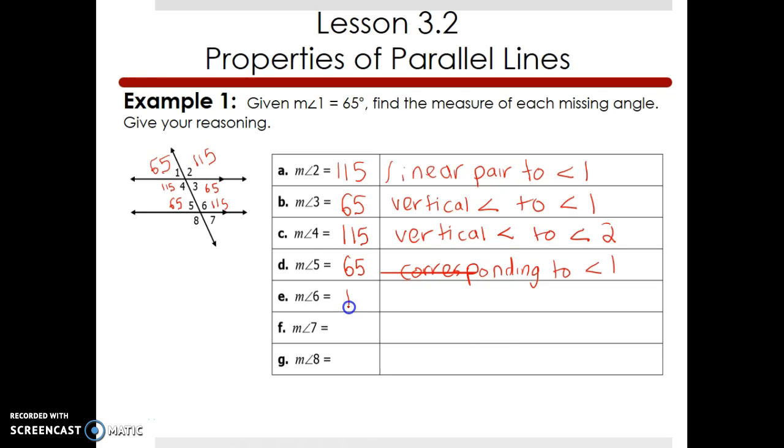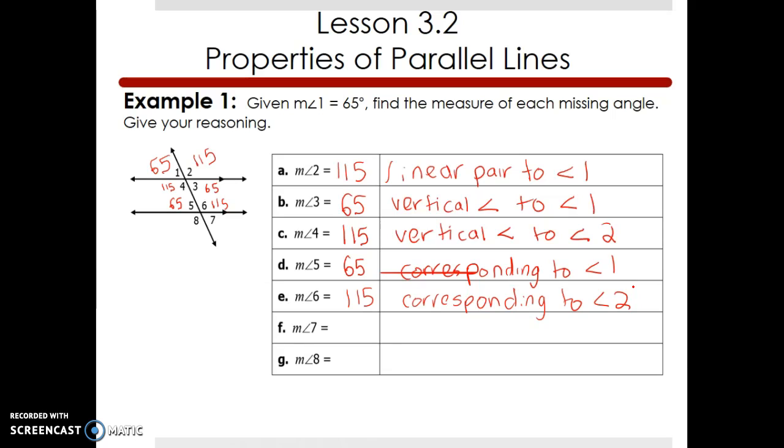So again, your reasons could have been different. You could have used consecutive interior or same side interior with angle 4 to find angle 5 because you know they're supplementary. So I'm going to do corresponding to angle 2.